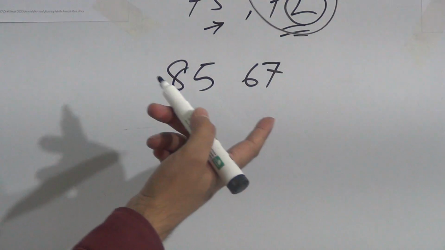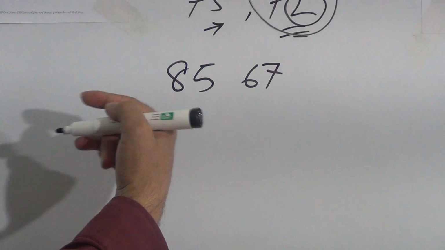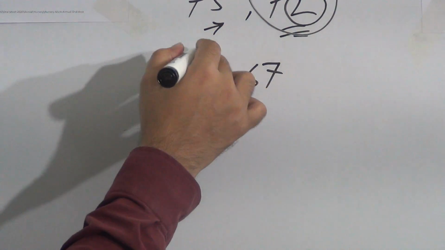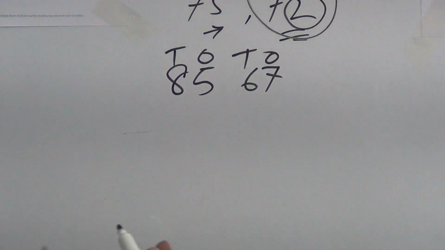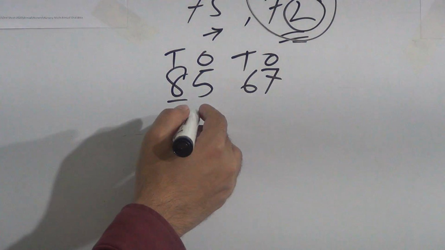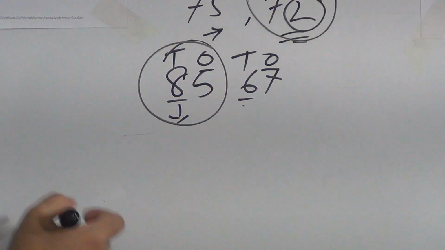Dear students, now see here, to compare greater or smaller you have to see ones place and tens place. At first you have to compare tens place, as tens place 8, tens place 6. 8 is larger than 6, so you can say 85 is greater.